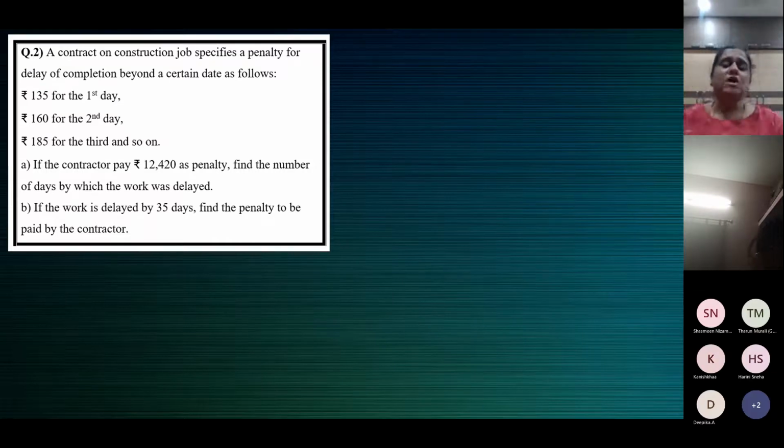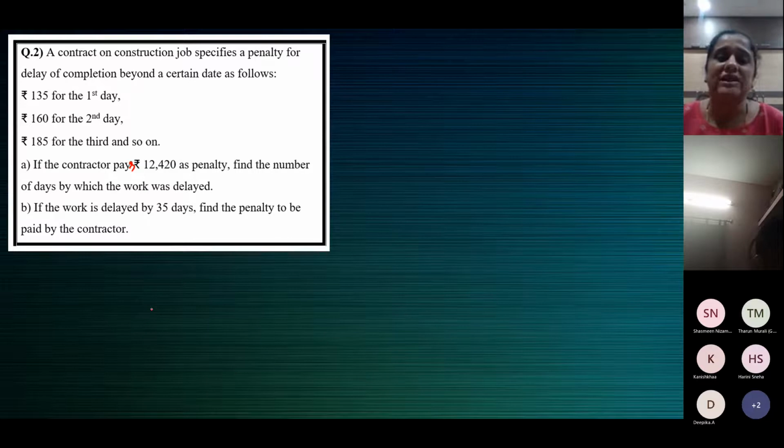All right. Now, if the contractor pays rupees 12,420 as penalty, find the number of days by which the work was delayed. So why is the contractor paying a penalty? Because he did not complete the construction contract on time.